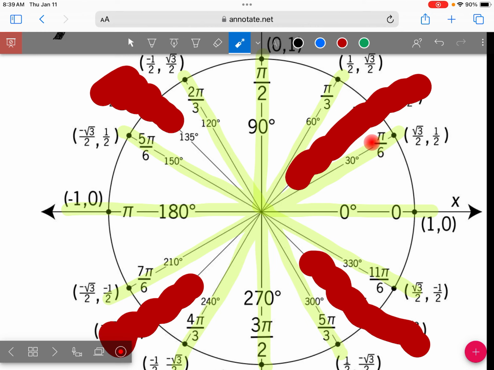Then when I get to 60, that's 2/6, but 2/6 reduces to 1/3. 90 is 3/6, but that reduces to 1/2. 120 is 4/6, but that reduces to 2/3. 5/6 cannot reduce. 6 divided by 6 is 1. 7/6 can't be reduced. 8/6 reduces to 4/3. 9/6 is 3/2. 10/6 is 5/3. 11/6 cannot be reduced, and then we get back to the end, and that's 2 pi.